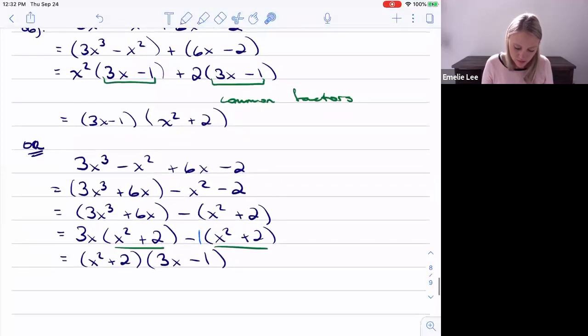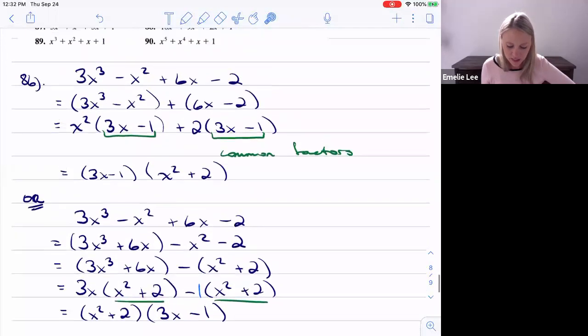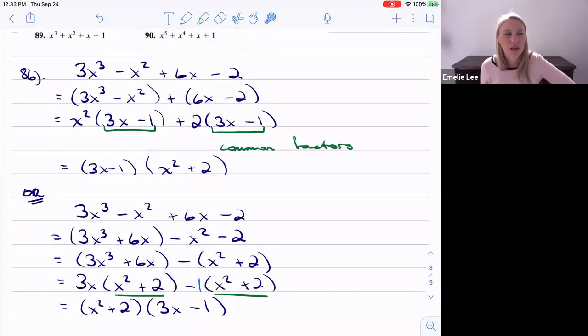But if I look at these, 3x minus 1, 3x minus 1, x squared plus 2, x squared plus 2, I end up at the same place, regardless of which route I take. And I don't think any other options will give me anything factored, anything smushed together more. Okay. So that's good.